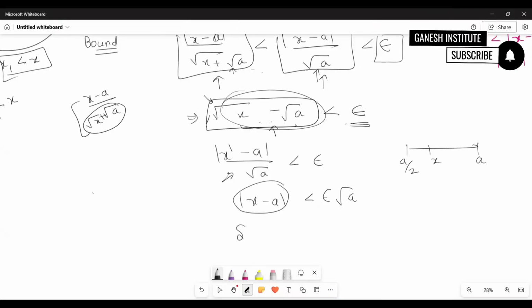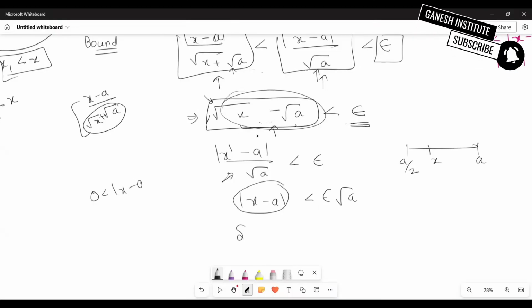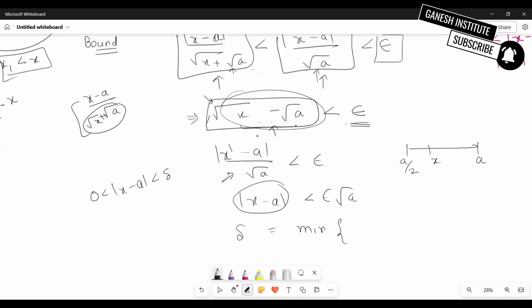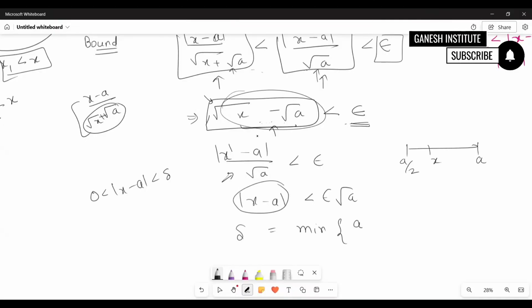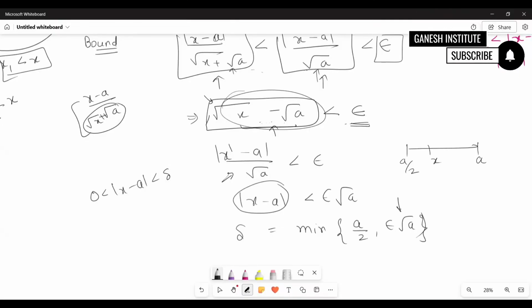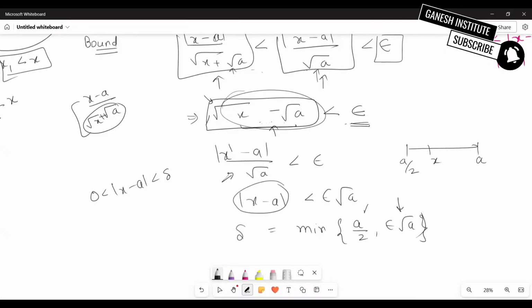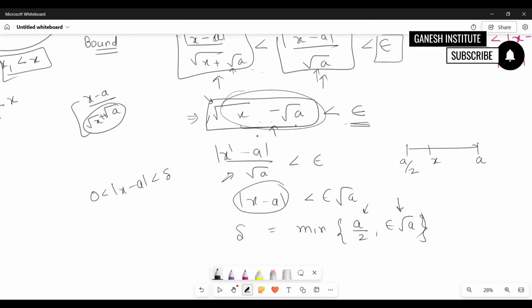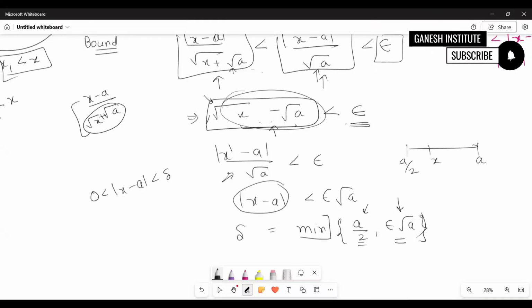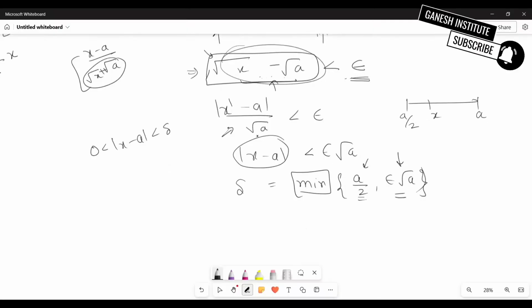You have to verify whether it is bigger than this value or not. So for that, you are assuming that delta, whichever value is lesser, you have to take that, the combination of epsilon and the value which you have got for x. You have to consider those two values and take the minimum of that.